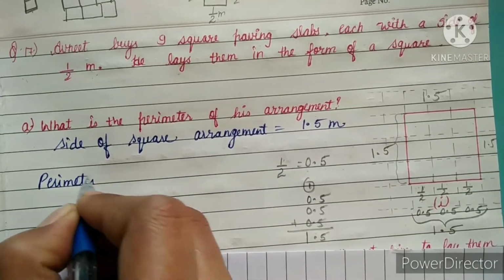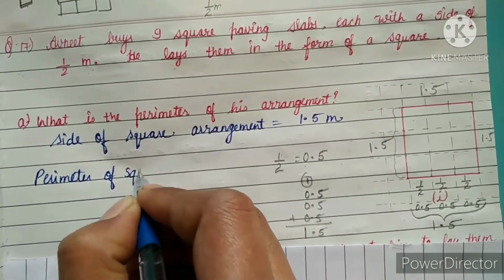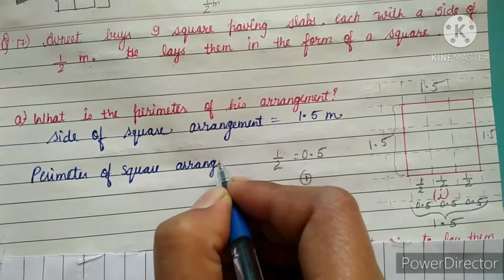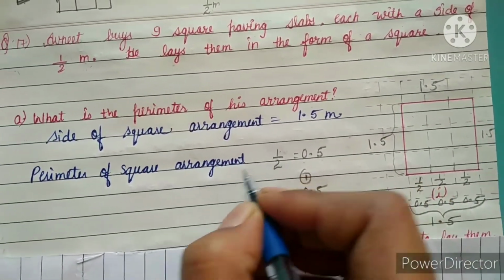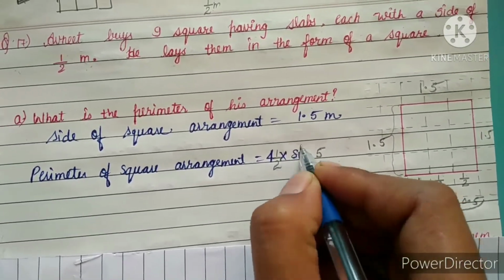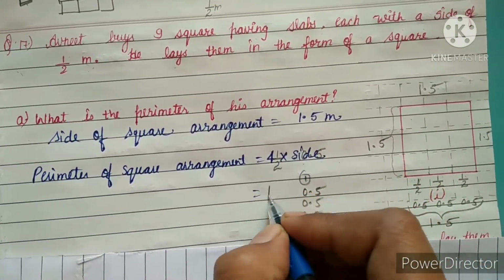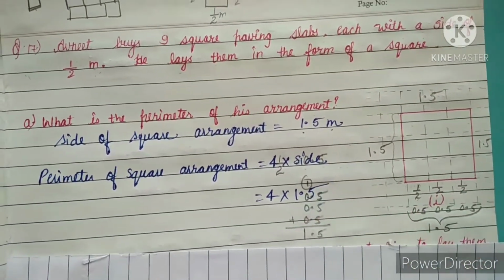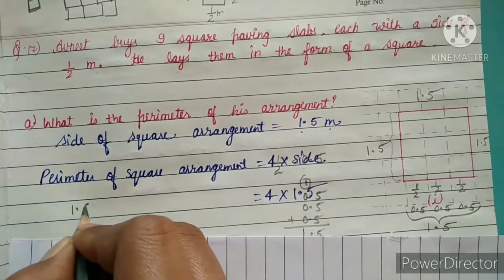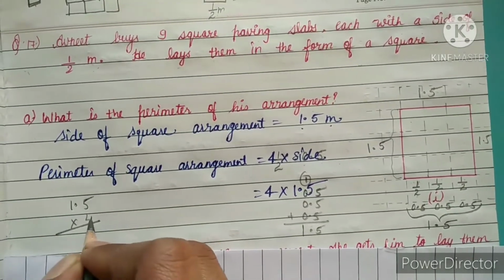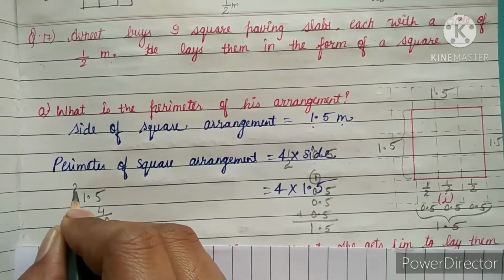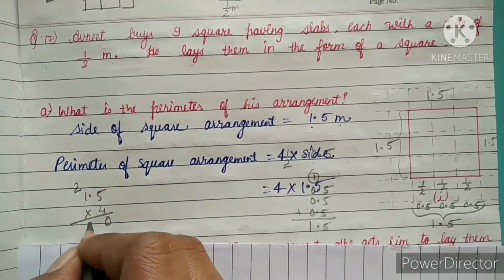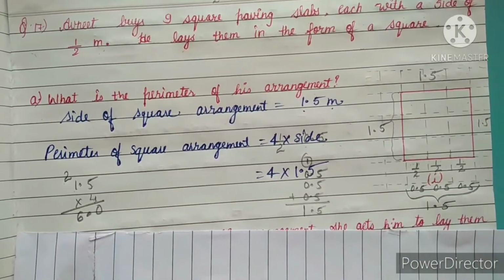Since it is a square arrangement, we will take out the perimeter of the square arrangement. Perimeter of a square is 4 into side. So 4 will multiply by the side, 1.5. 4 fives are 20, 2 on the carry, 4 ones are 4, plus 2 is 6, and the decimal will come here.